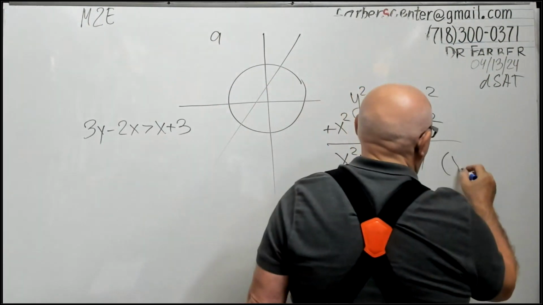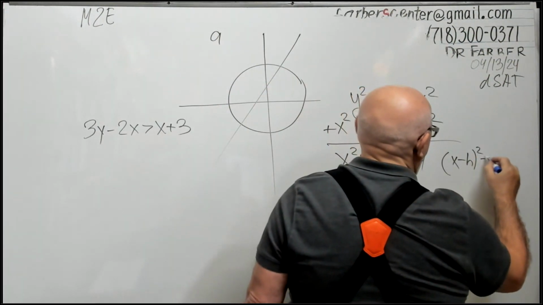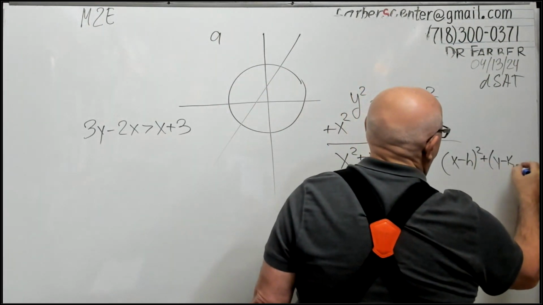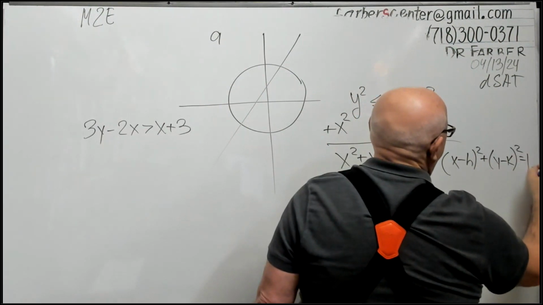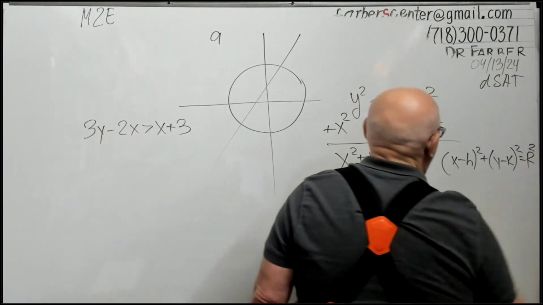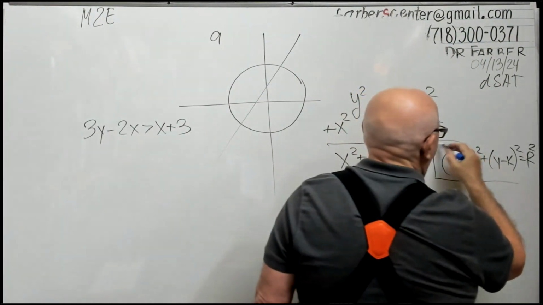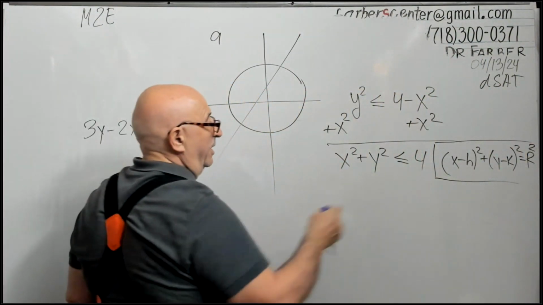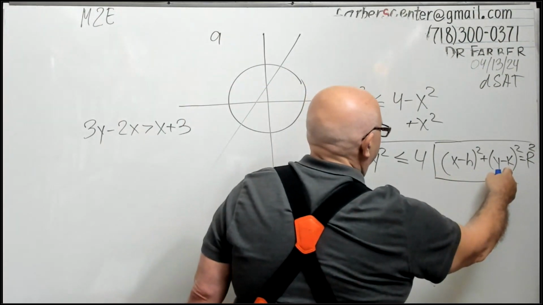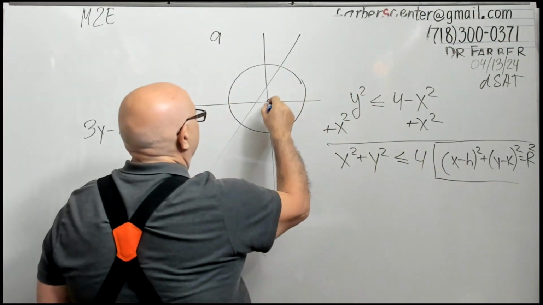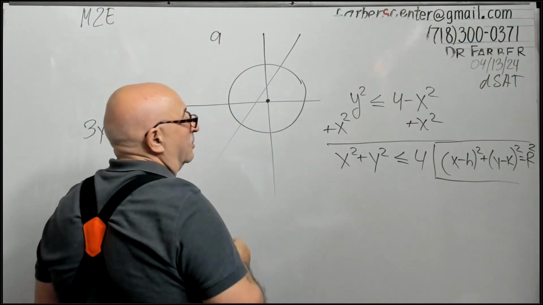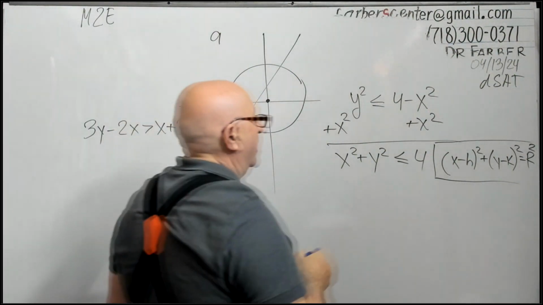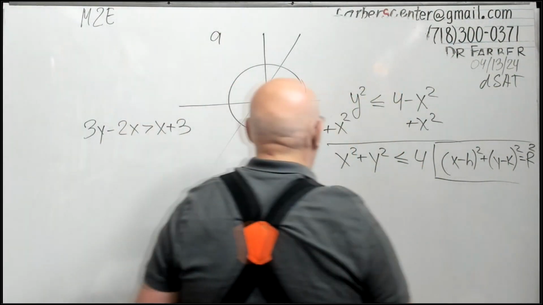Generally speaking, (x minus h) squared plus (y minus k) squared equals r squared. So this is the equation of a circle with center h and k equal to 0. This is a circle. Okay. And the radius squared equals to 4.